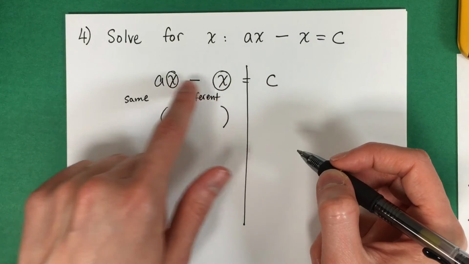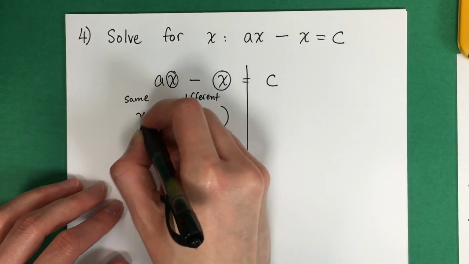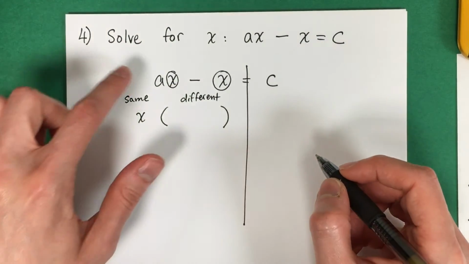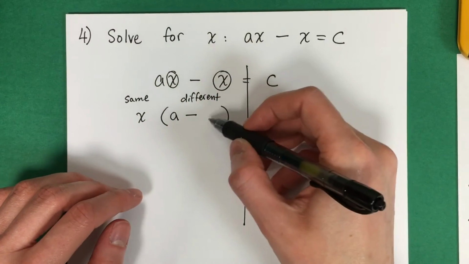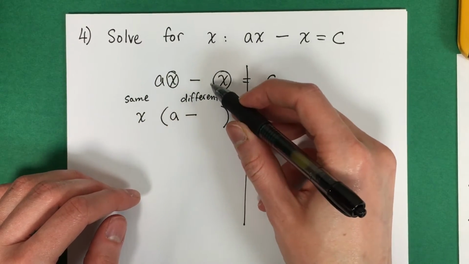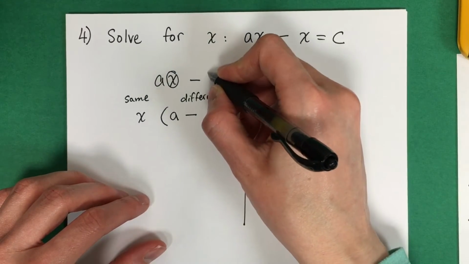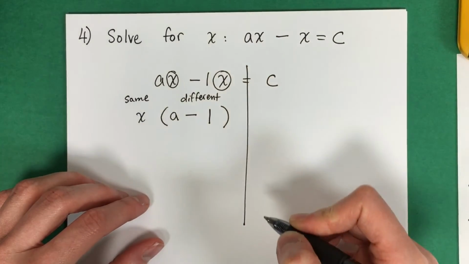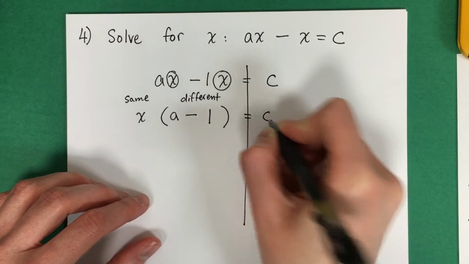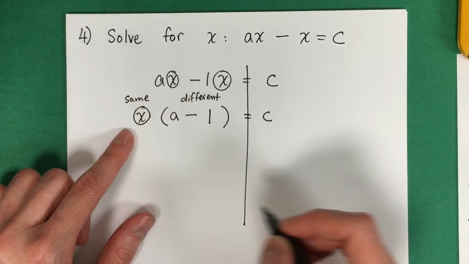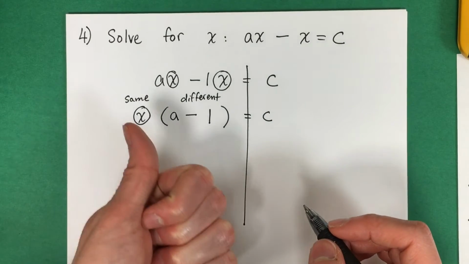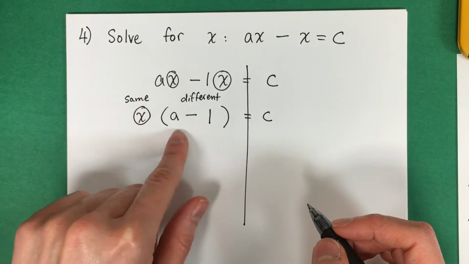Okay, the same, I have x. Different, I have a minus. Okay, I need something. If there's nothing, it's 1. 1 equals c. I want x alone, so I'm going to circle x. Where is x? X is on the left. What is with x?